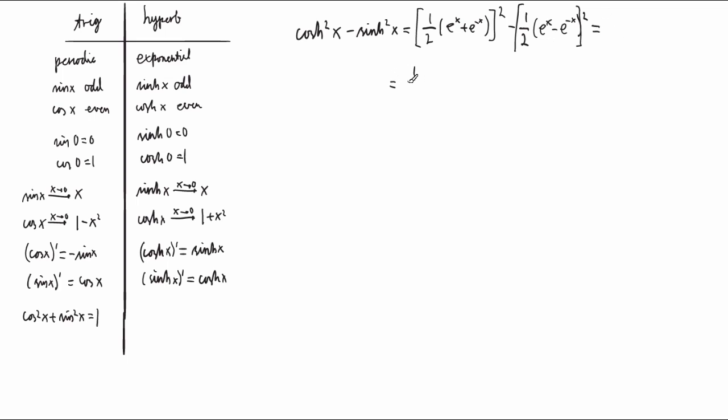And this is going to be equal to now 1/4, and then we look at the square of this. Now if I take the square of e to the x plus e to the minus x, that's equal to e to the x squared plus e to the minus x squared plus 2 times e to the x times e to the minus x.